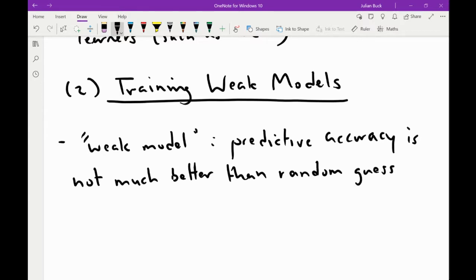Maybe a little bit, but perhaps not all that much. Think about it this way. Suppose the problem we're dealing with is a binary classification problem. So basically, we're predicting ones and zeros. That's our target variable.